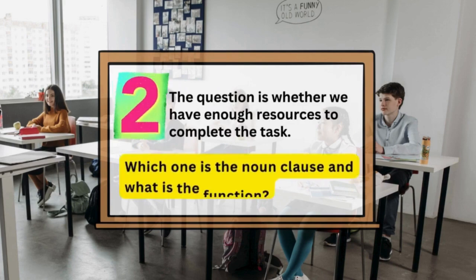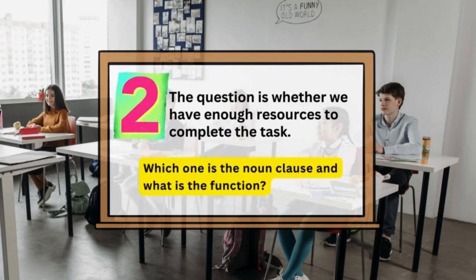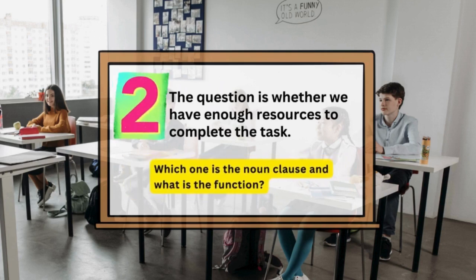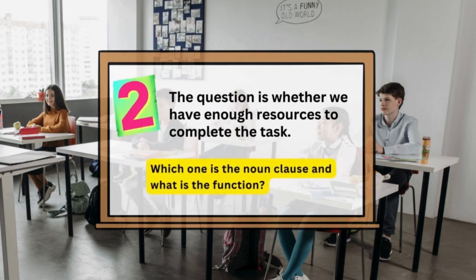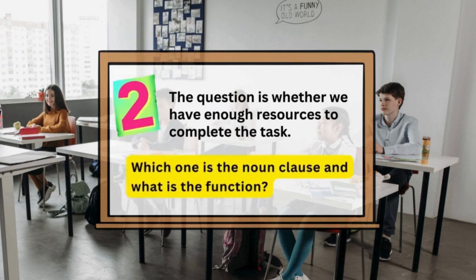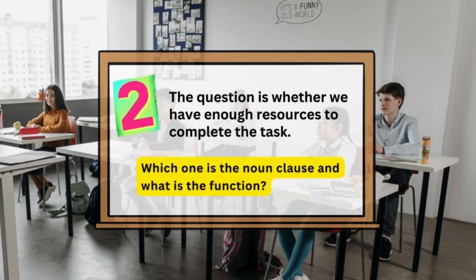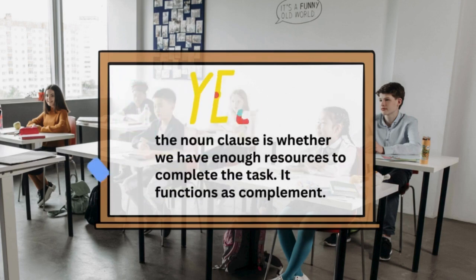Number 2. The question is whether we have enough resources to complete the task. Which one is the noun clause and what is the function? Yes, the noun clause is whether we have enough resources to complete the task. It functions as complement.